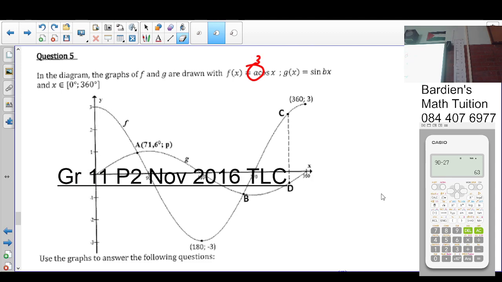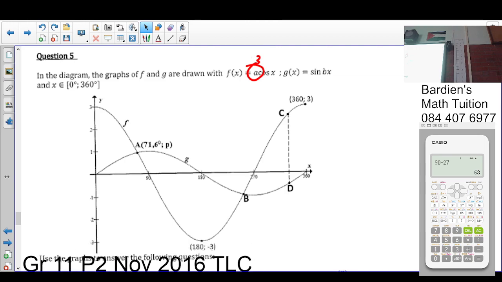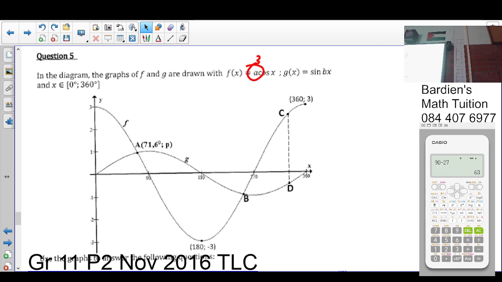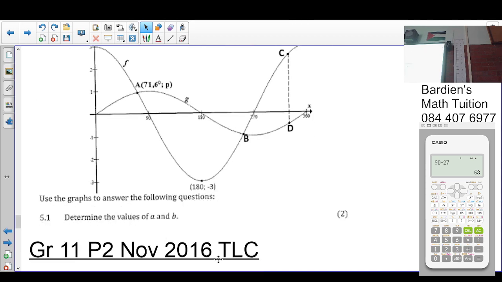We're going to look at the b. The b is dealing with sine. And the sine graph, is there any change on the sine graph? No, so the b value is definitely 1. There's no period change when I'm shifting on that graph. So your a value is 3 and your b value is 1.